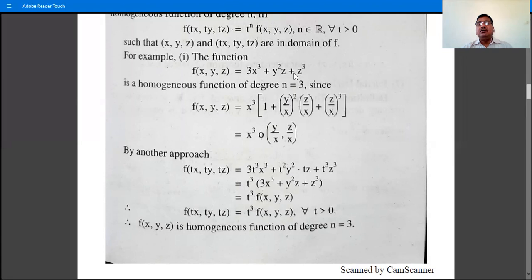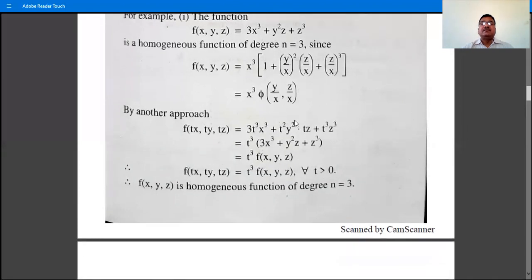If you observe this bracket, it is a function phi of y by x, z by x. So we have f(x, y, z) equal to x cube phi of y by x comma z by x, and therefore we say this f(x, y, z) is a homogeneous function of degree 3.